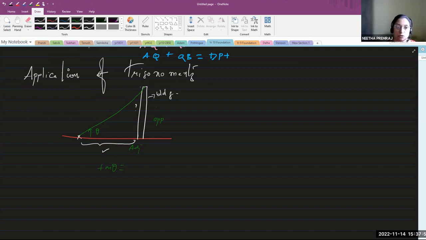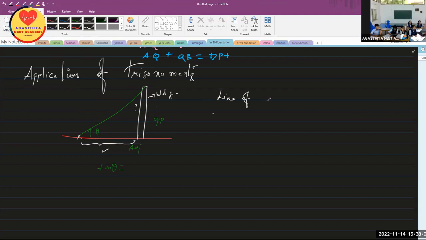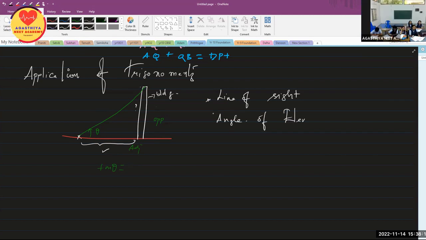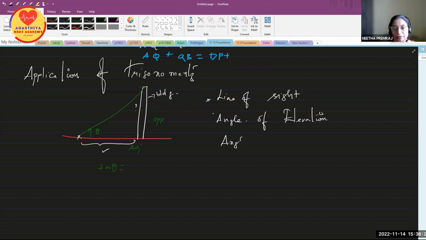Okay, before going further, you should know the terms: line of sight, angle of elevation, and angle of depression.